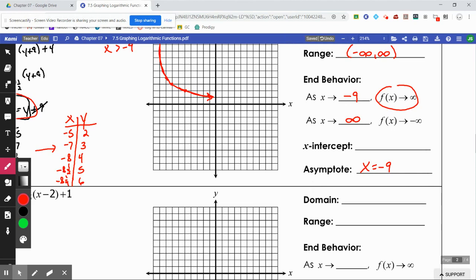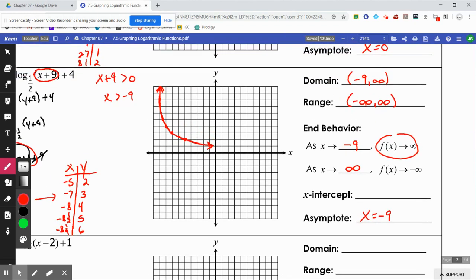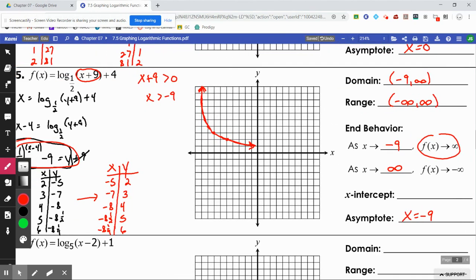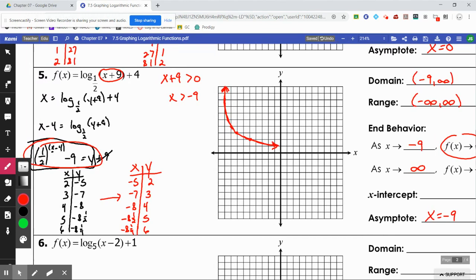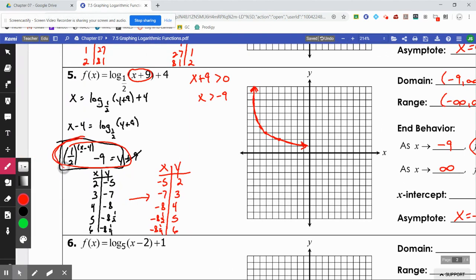Your x-intercept, again, we can't see it here. However, we could set our y value equal to 0 and solve it. Or think about it like this: you could take your inverse function and set your x value equal to 0, which is the same thing as setting your y value equal to 0 here. So let's see what we would get if we set x equal to 0 here.